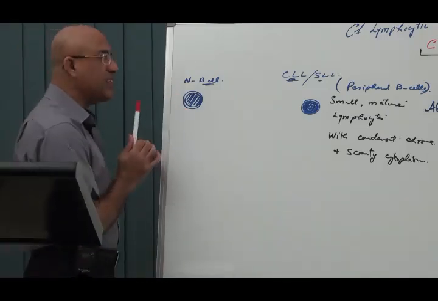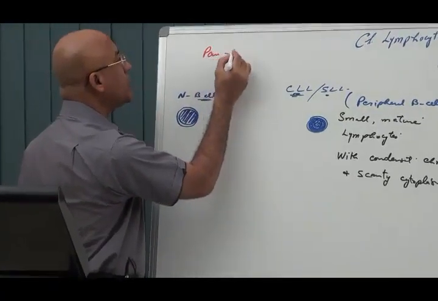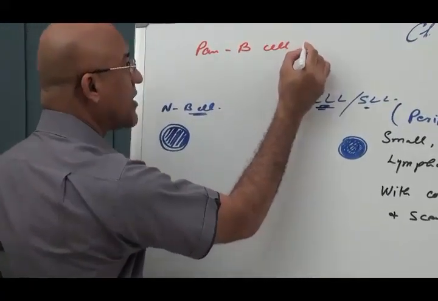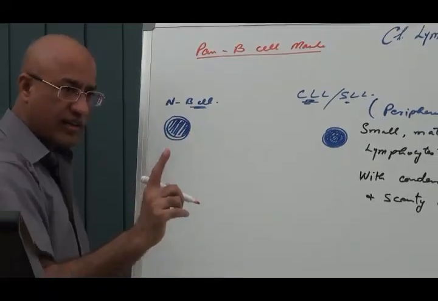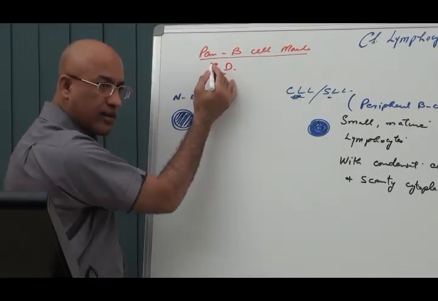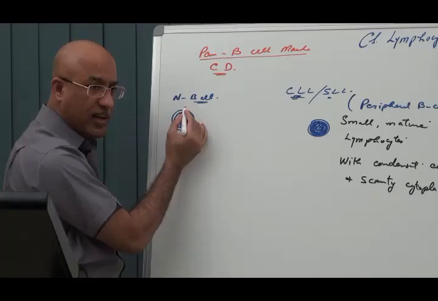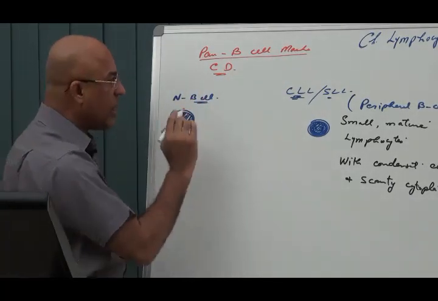Now, pan B cell markers. Pan B cell markers are the proteins, called cluster of differentiation proteins, which are present on most of the B cells.